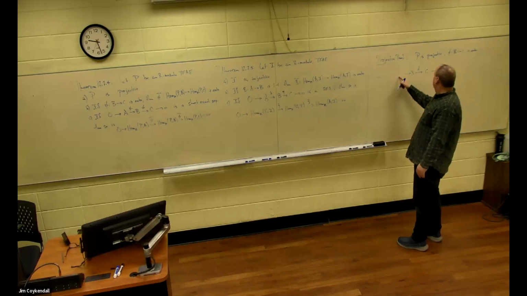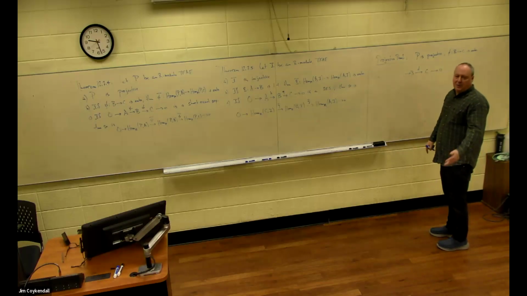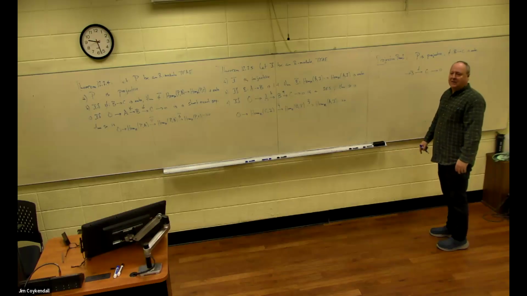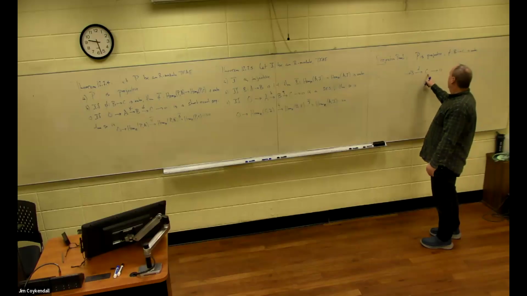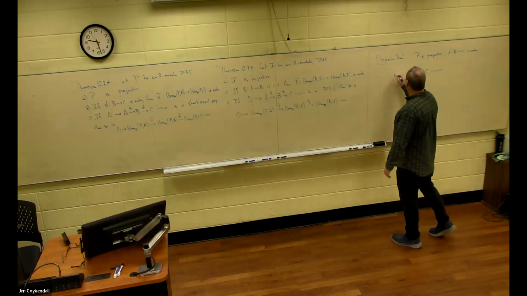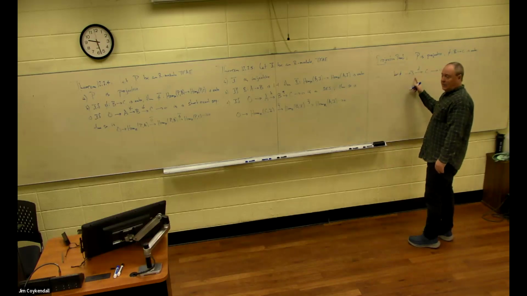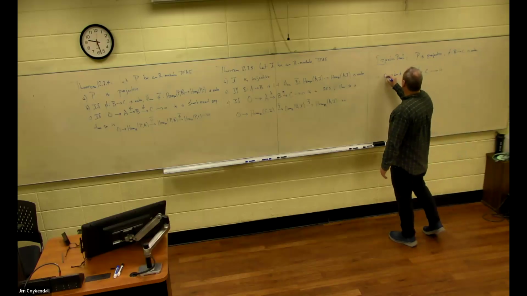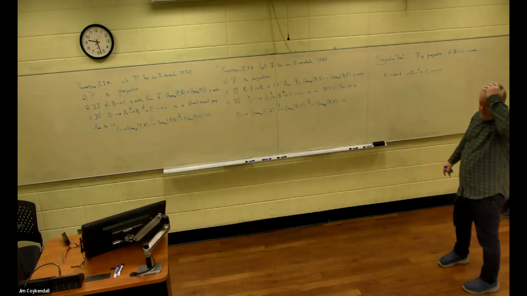I want it to be exact though, so I need the image of this to be the kernel of this. How about the kernel of φ, and just do the inclusion? Since this is an inclusion, this is one-to-one, so now I've got a short exact sequence.